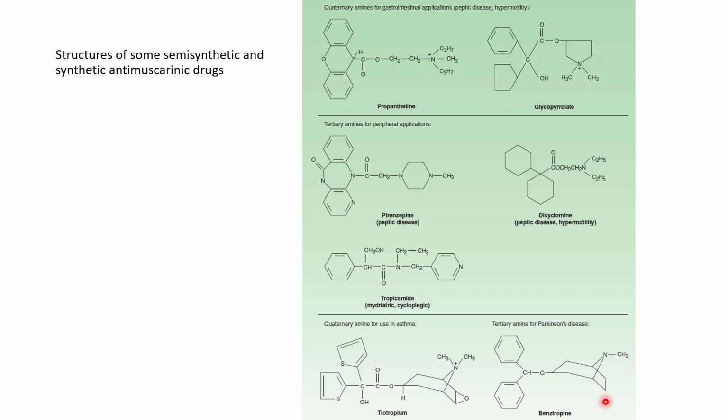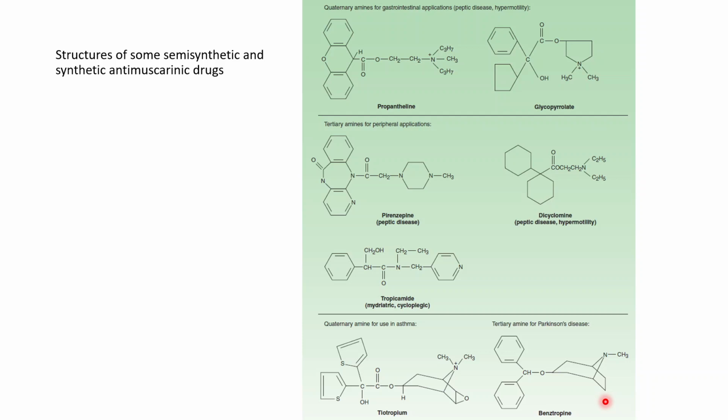Atropine is eliminated in two phases. First is the rapid phase, and second is the slow phase.